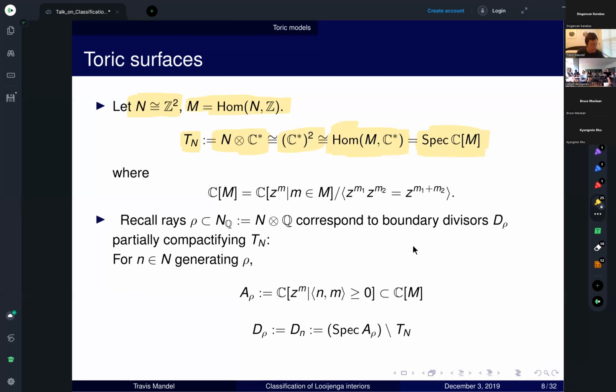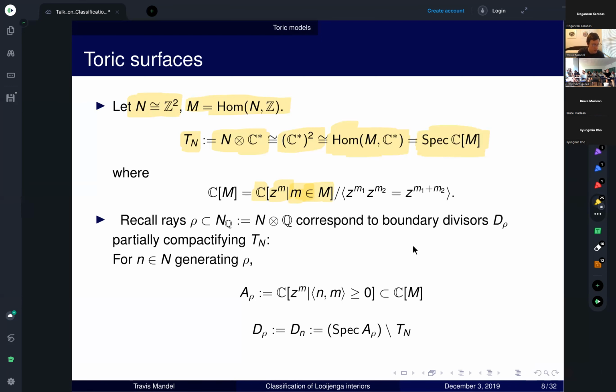Whenever you have a lattice M, or more generally a monoid M, we'll just deal with lattices for this talk. Actually, no, that's not true. I have a monoid down here. So whenever you have a monoid M, you can define C adjoin M like this. You have an element z to the m for every element m in your lattice.